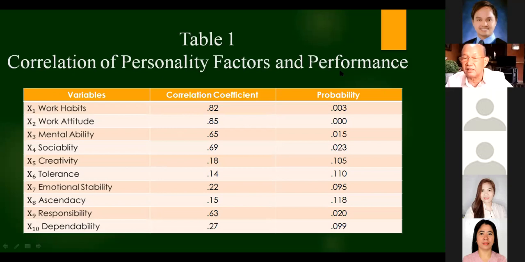Meaning, in general, the higher the quality of personality factors, the higher the teaching performance. In the same vein, the lower the quality of the personality factors of the teacher, the lower the teaching performance.